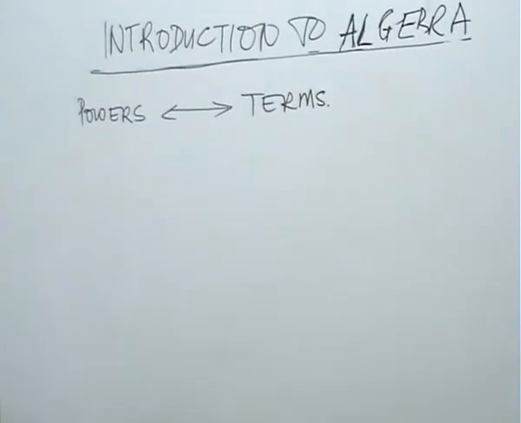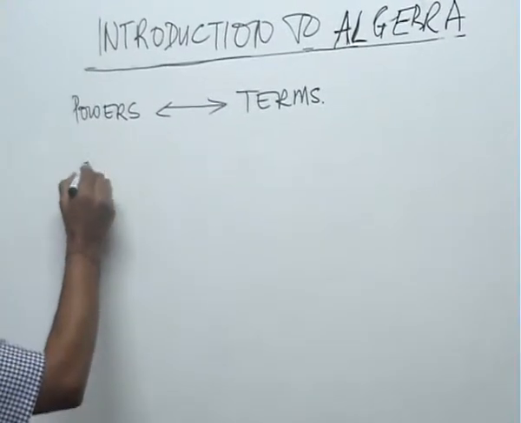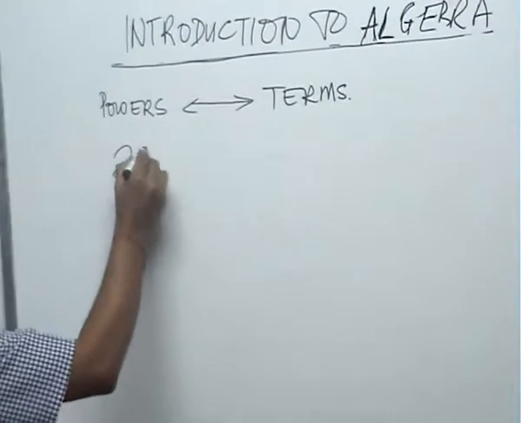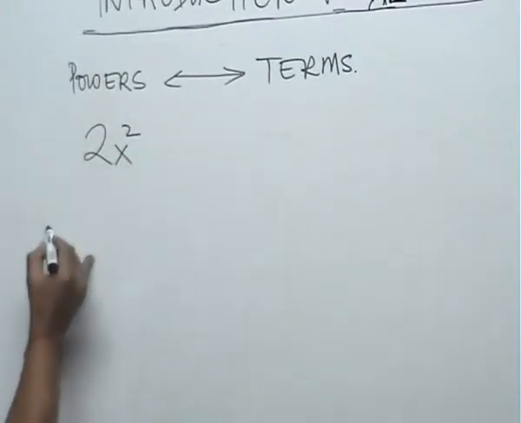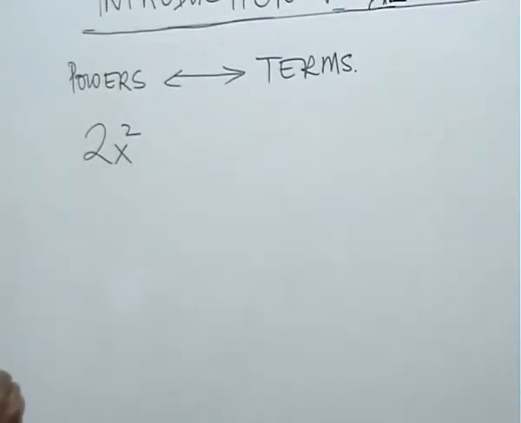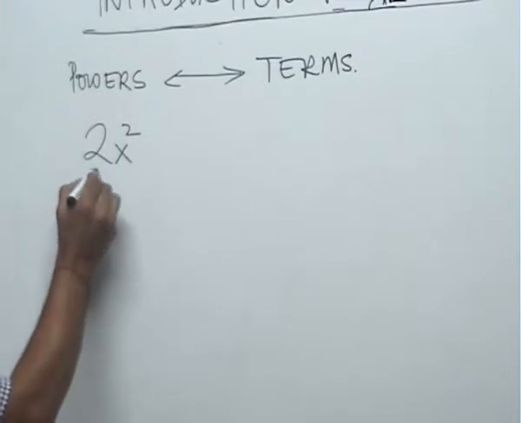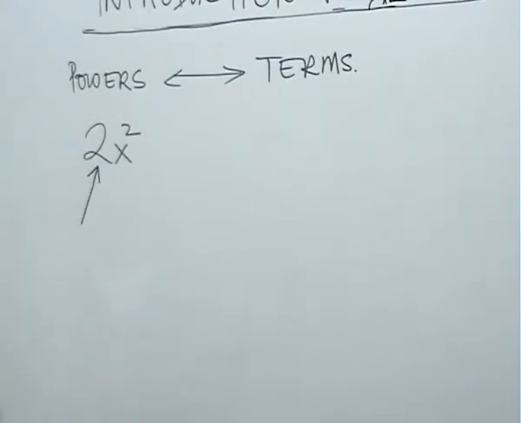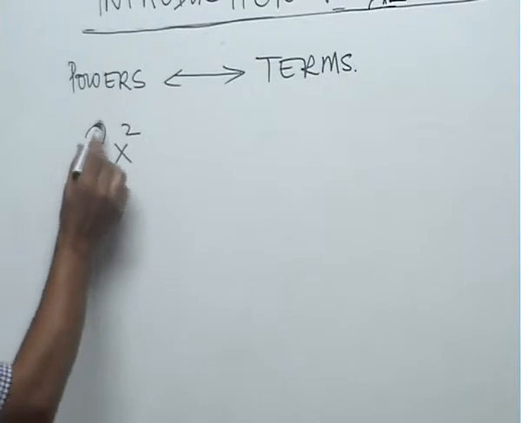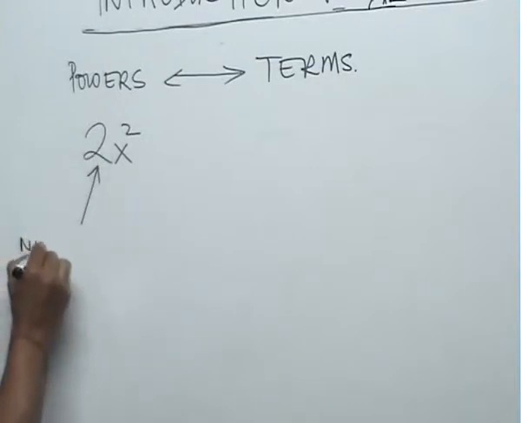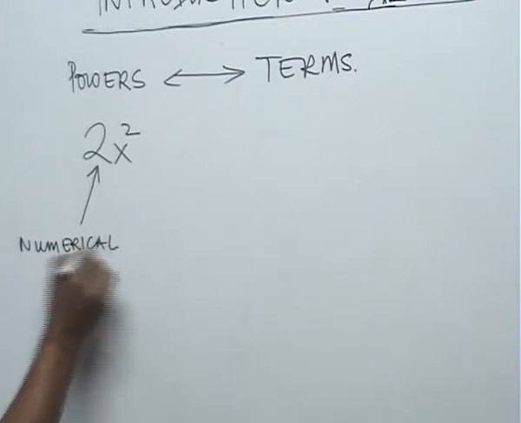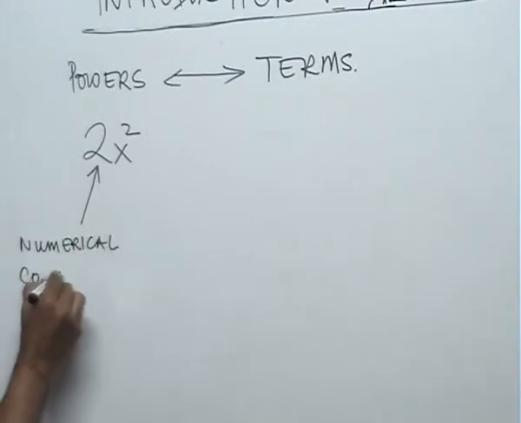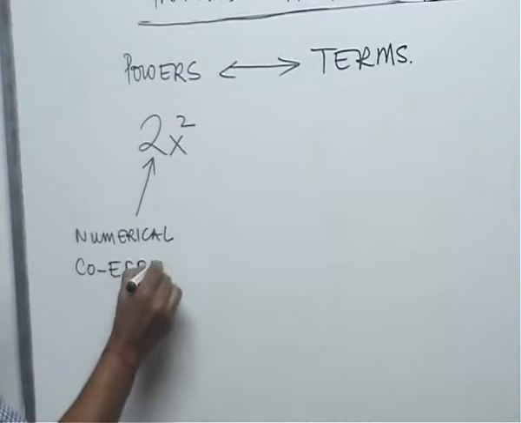Now, let's consider a term like 2x squared. You can see that this term is made up of two parts. It's made of a part where there's only a number, and this number is called the numerical coefficient.